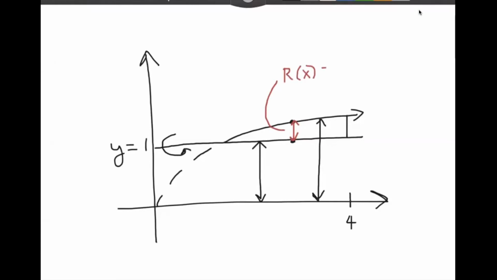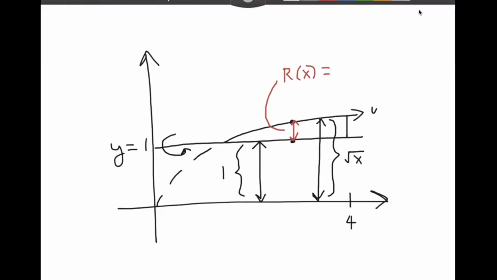And to get that expression, I am going to note that the distance from, well, let's start here. From here to here is 1. And the distance from here to here is y, which is the square root of x. Right?